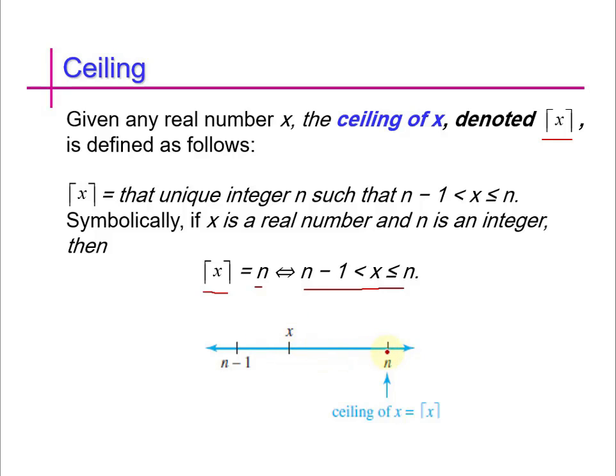So x can be at that point n, or x can be a number which lies between two integers. So n is the smallest integer which is greater than or equal to this x. So this is how the ceiling function is defined.